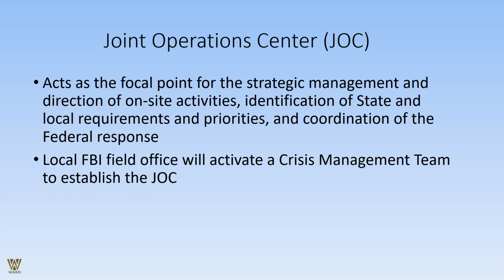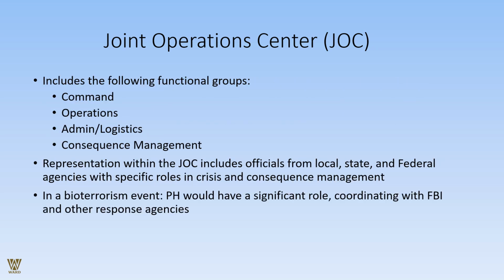Now these can be on-site or off-site activities, which have to be identified by the state and local government depending upon their coordination priorities, and how the responses would be. So joint operation centers will essentially have command centers, operational centers, administration centers or logistics centers, and consequence management or the public image.